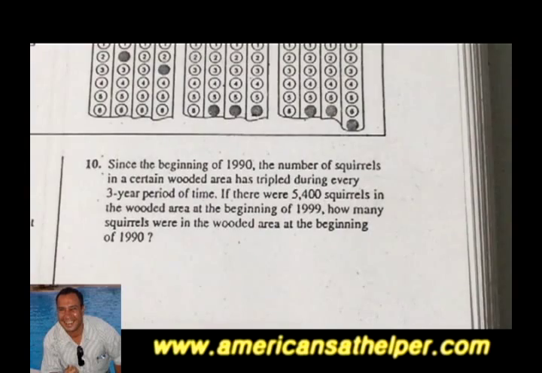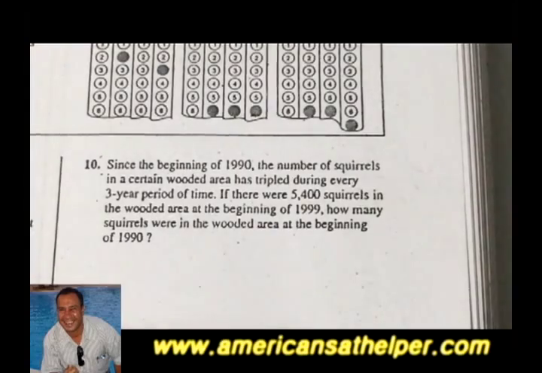If there were 5,400 squirrels in the wooded area at the beginning of 1999, how many squirrels were in the wooded area at the beginning of 1990?